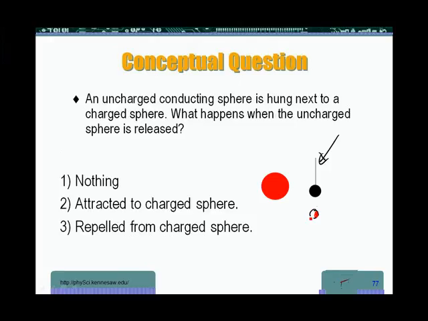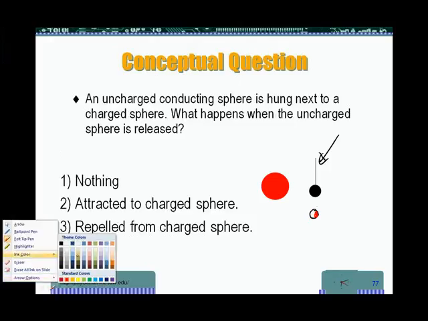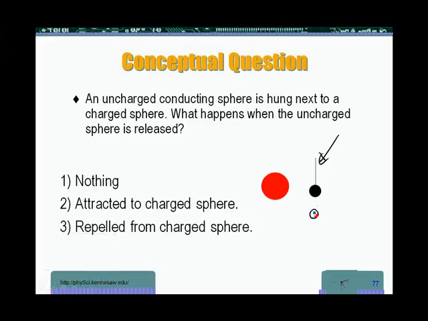Now, the charges of opposite polarity than the charge of the charged sphere are going to be in this side. So that means I have an opposite charge on this side of the sphere and the same charge on that side. It means, because I have opposite charges, that the sphere is going to get attracted.